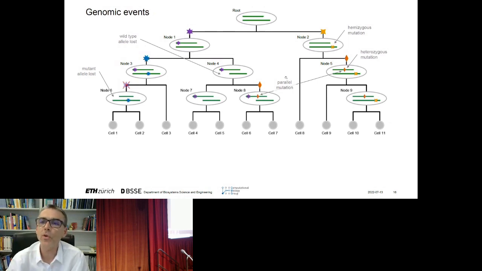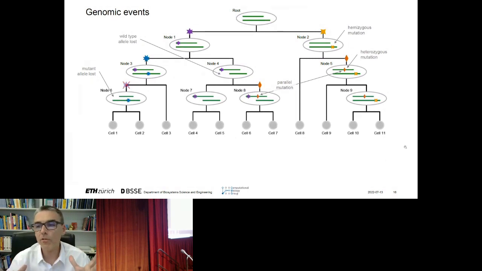We are also considering now parallel mutations, so the same mutation can occur independently in 2 lineages of the tree within the same tumor. And we're considering now events that cause a loss of heterozygosity, namely either losing the wild-type allele, as in node 4 here, or losing a mutant allele, as illustrated in node 6 here.